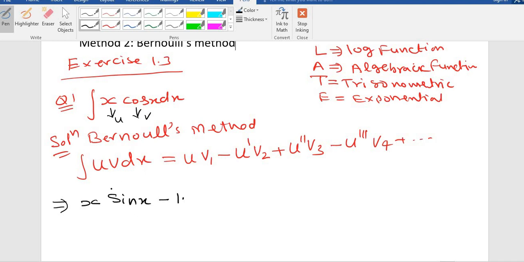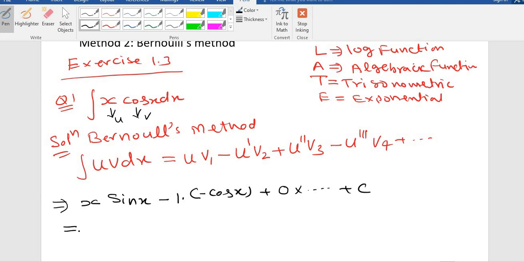So the integration of sine x is minus cosine x, plus u double dash, the second derivative of u, is 0, so no need to write anything else, plus the integration constant.